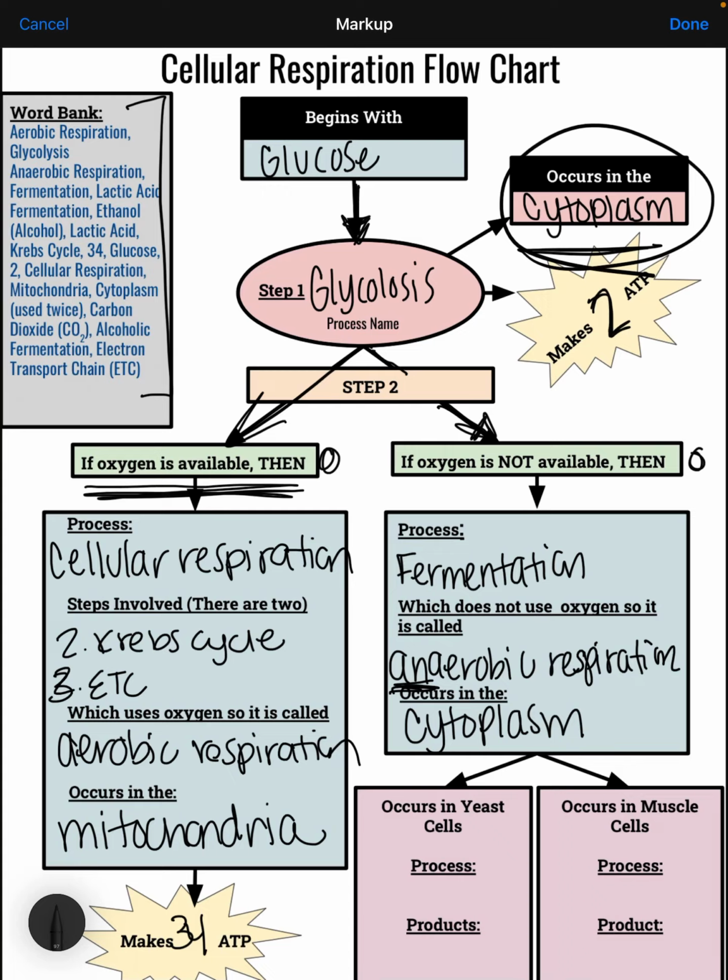Now, when we do fermentation, this is very common in two types of cells: yeast cells as well as muscle cells. When it happens in yeast cells, we call it alcoholic fermentation. Its products are ethanol, or alcohol, as well as CO2, carbon dioxide.